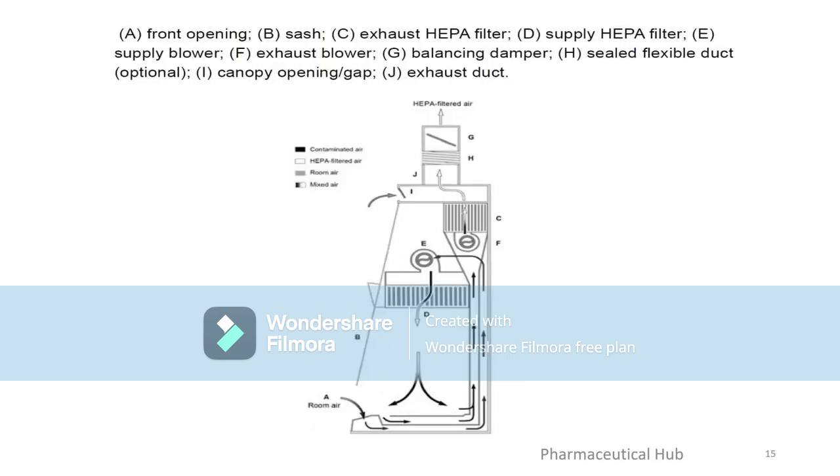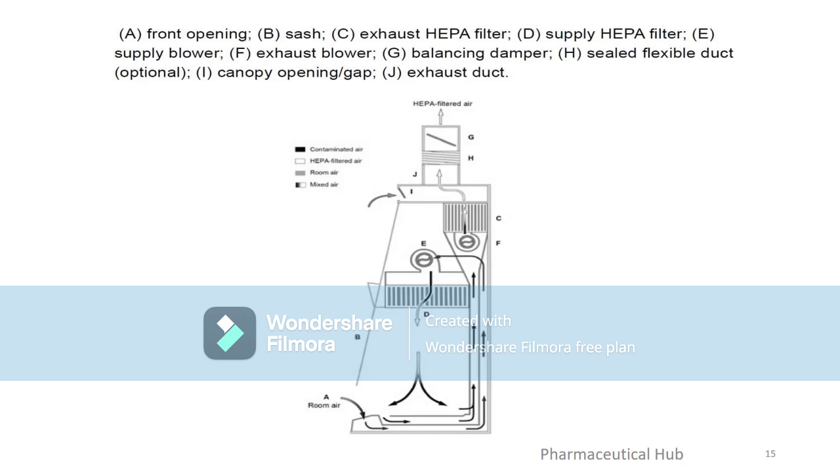Slide 15. This diagram illustrates a Class II Type A2 Biological Safety Cabinet, BSC, that is connected to a building's external exhaust system via a canopy. This setup allows for the safe handling of small amounts of volatile chemicals by exhausting the fumes away from the lab. Airflow explained.